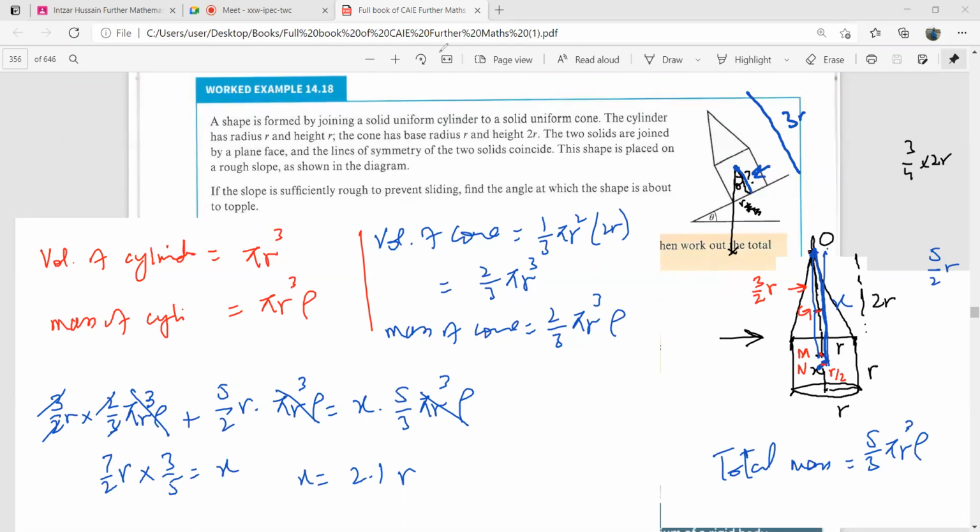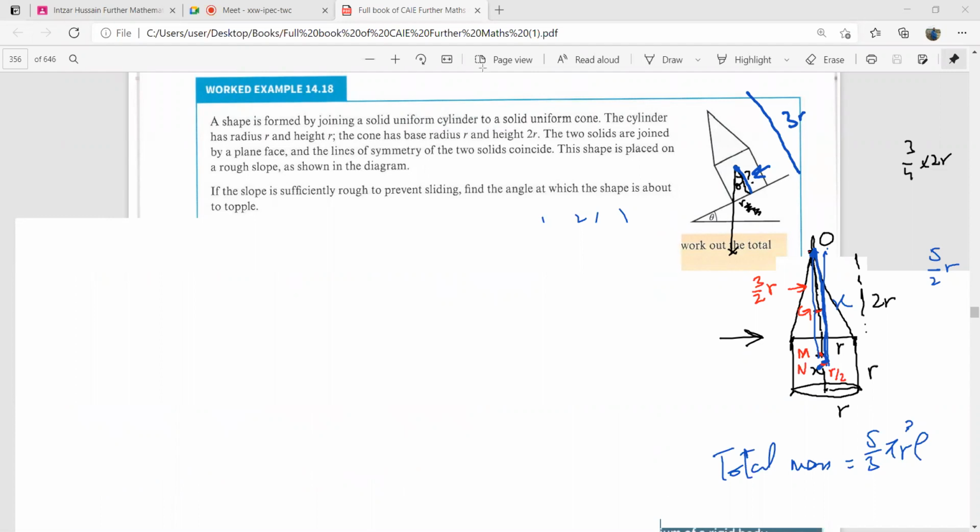Now the thing is quite clear. We can simply use trigonometry over here. From this diagram, tan theta is going to be r over 0.9 r, right? So now please find that theta.